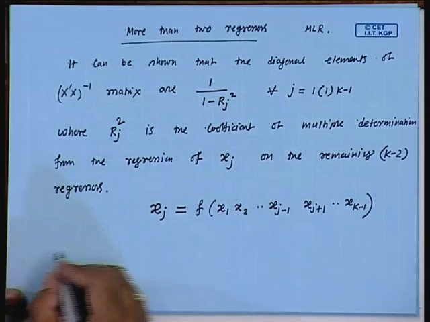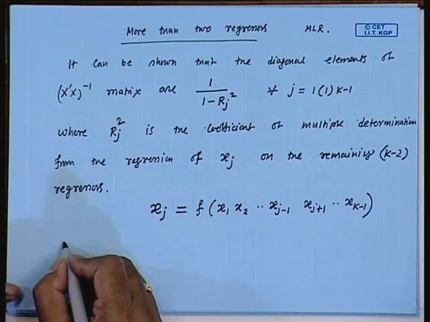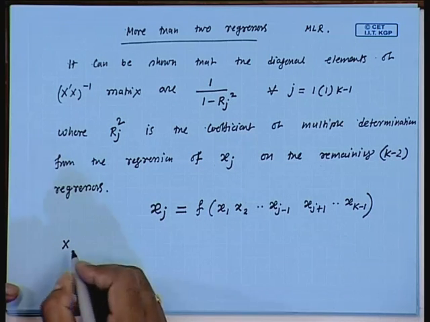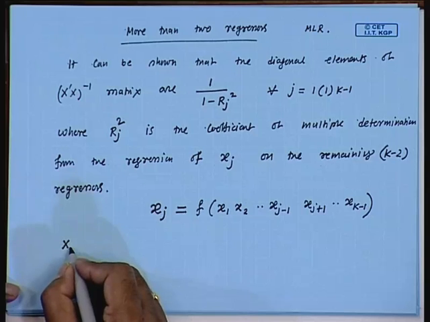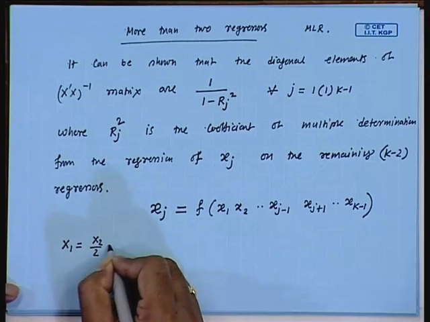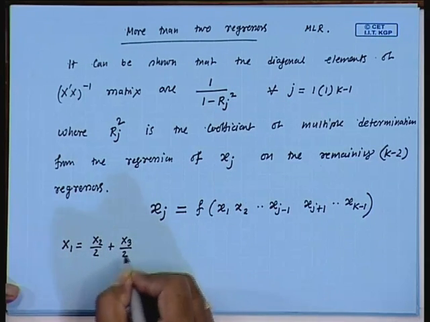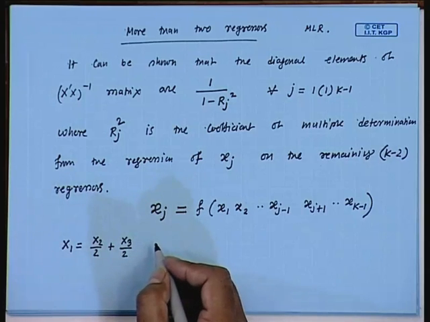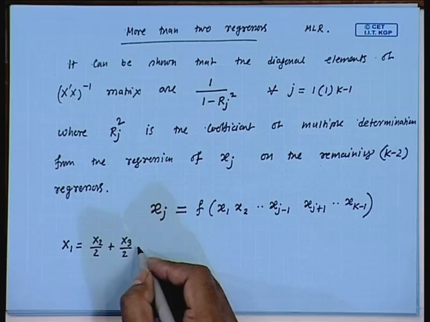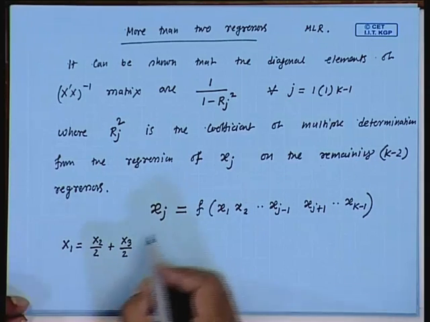So if you can recall my first example today, there I told we have checked that, if I am recalling correctly, x1 is equal to x2 by 2 plus x3 by 2, and this one is true for all the observations we had.